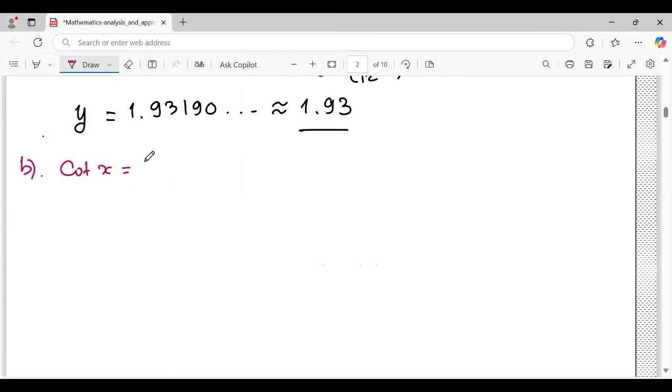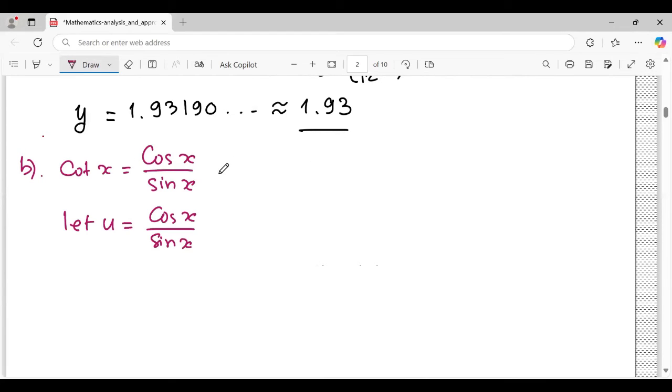I will start with cotangent x, which is cosine x over sine x. Now let u equal cosine x over sine x. This is cotangent.